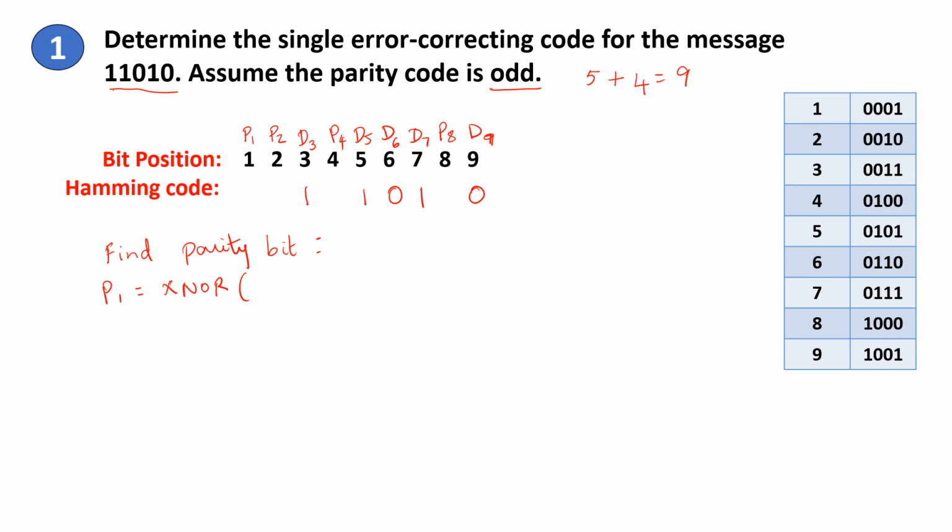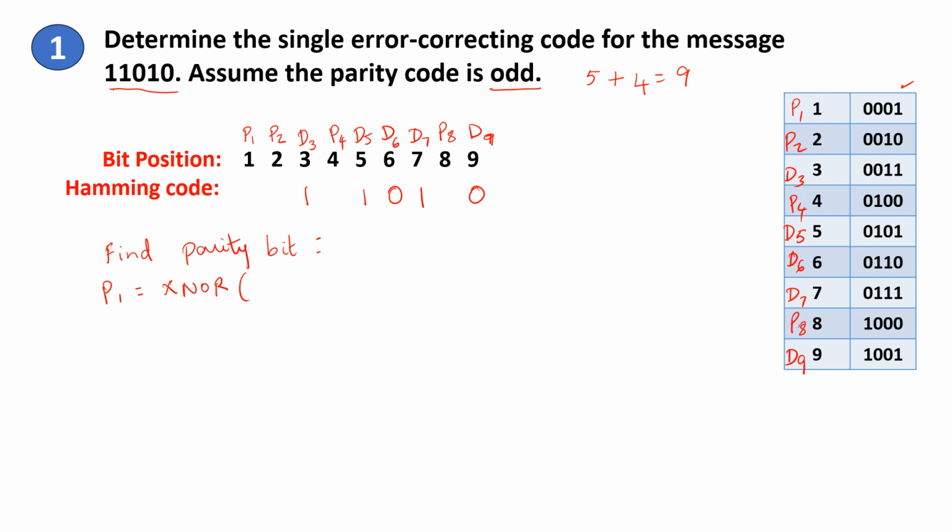So here, for P1 we have to take the first position. In this table, the positions are P1, P2, D3, P4, D5, D6, D7, P8 and D9.